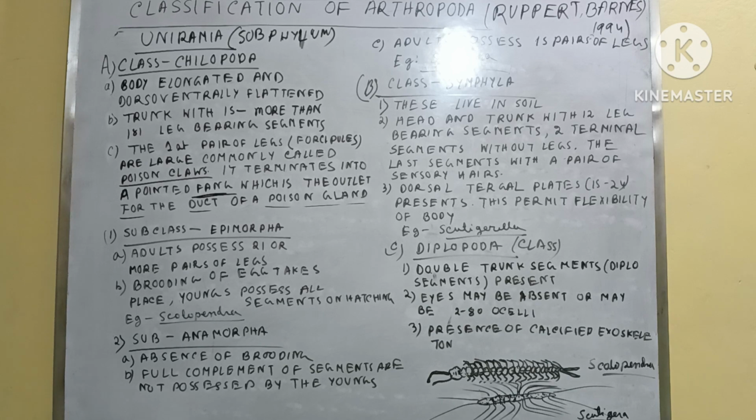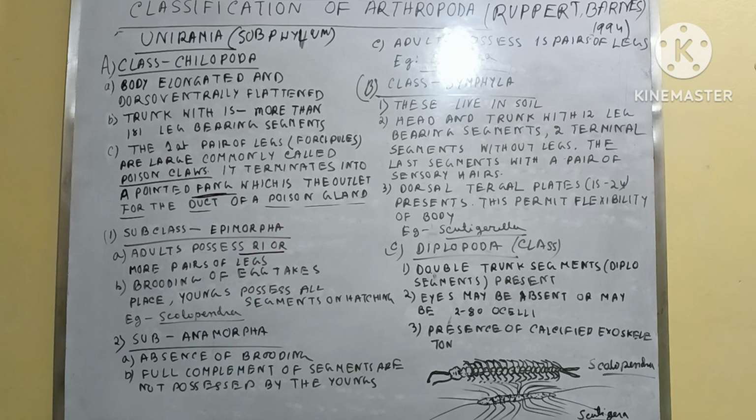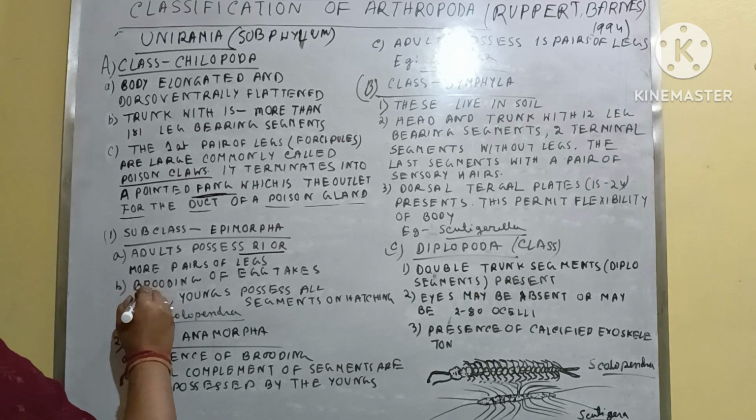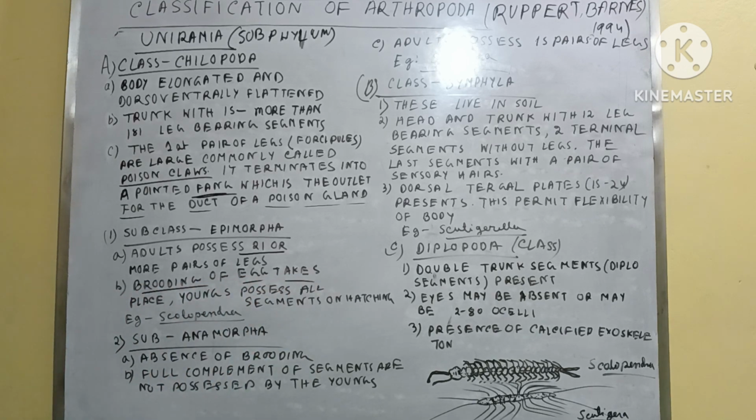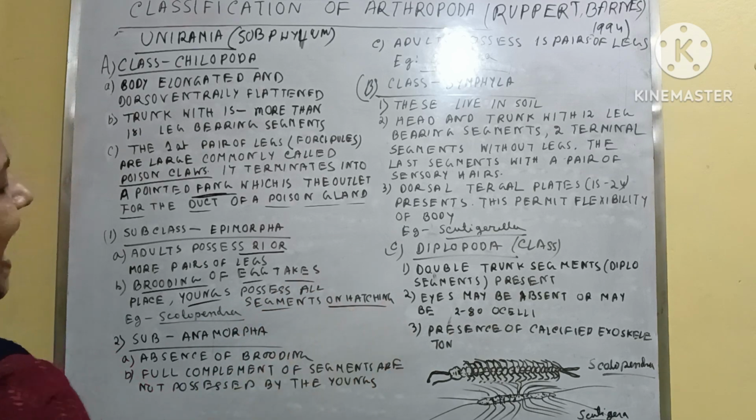Under this, the first subclass is Epimorpha and the second subclass is Anamorpha. In subclass Epimorpha, adults possess 21 or more pairs of legs. Here, brooding of eggs takes place, and the young ones possess all segments on hatching.